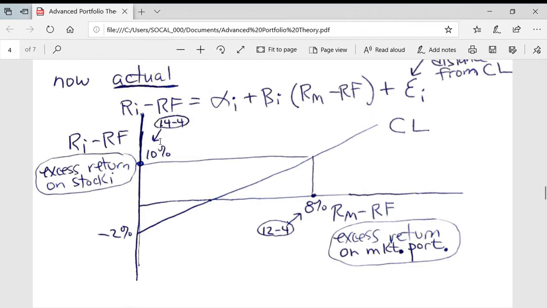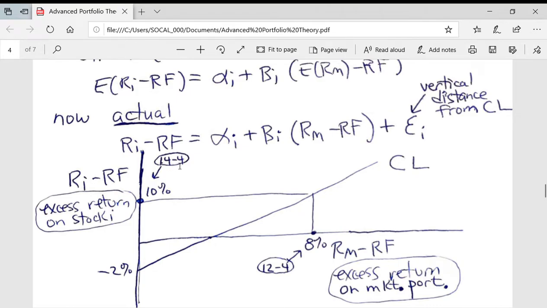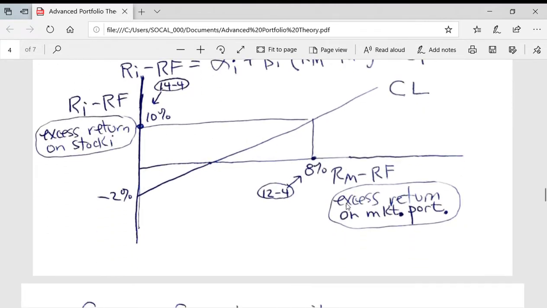Since the return that we expected was 14%, the excess return on stock I would be 14 minus 4 or 10%. And the excess return on the market would be 12% minus 4% or 8%. So that's where the 10% and the 8% come from.